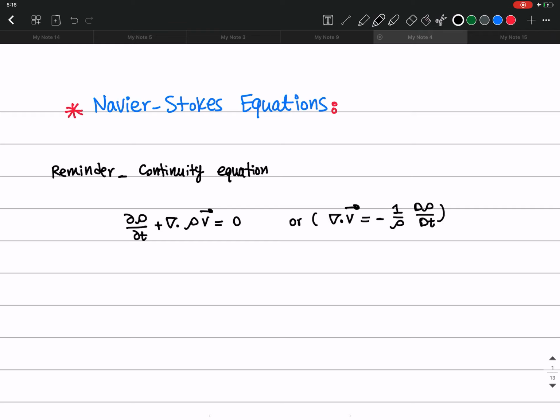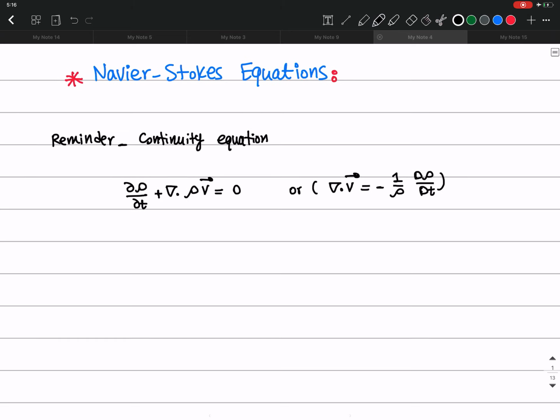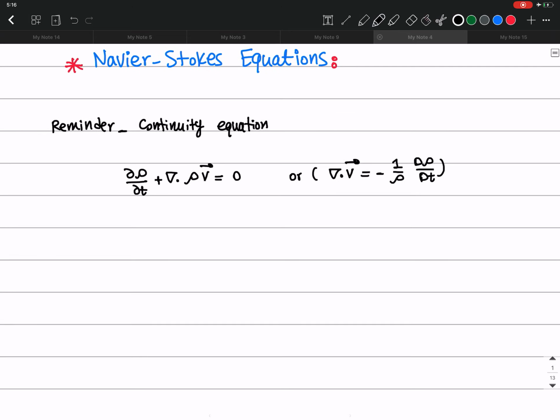So this is the second or alternative form of the continuity equation. This is in vector notation.